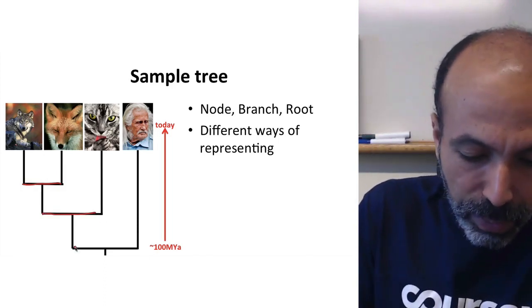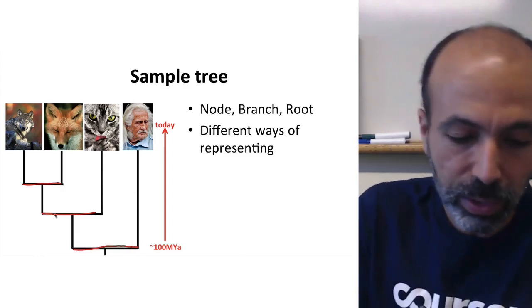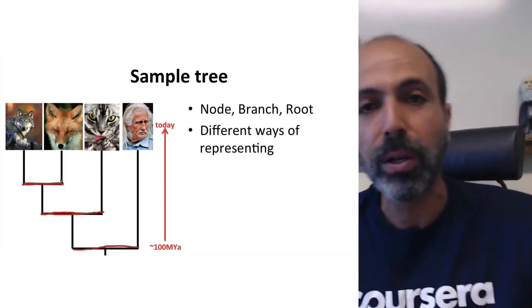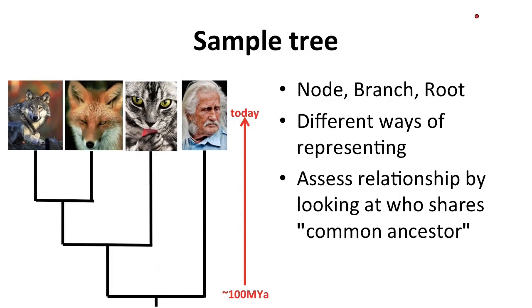We still have the most recent common ancestor of humans with cats, dogs, and wolves about 100 million years ago. We have a more recent one for cats with dogs and wolves, and a more recent still one for foxes and wolves. So again, there's different ways of representing it. Now we assess the relationships among individuals in this evolutionary tree by looking at who shares the most recent common ancestor.